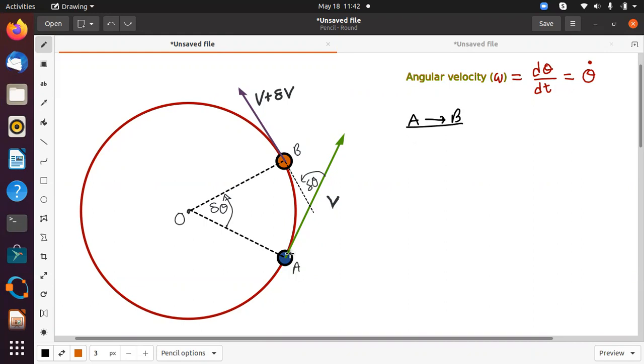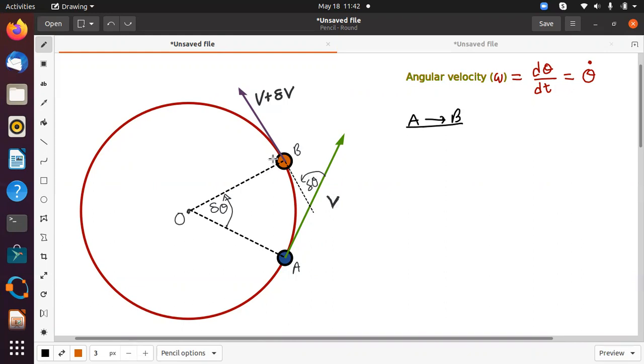Now when you travel from A to B, we're going to look at a general case. We think that the velocity also changes some. Here, the velocity is a vector. So this is the direction of the velocity at that moment, and v is the speed.